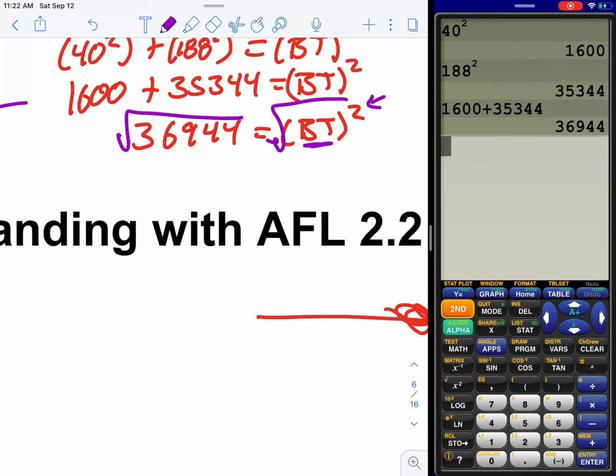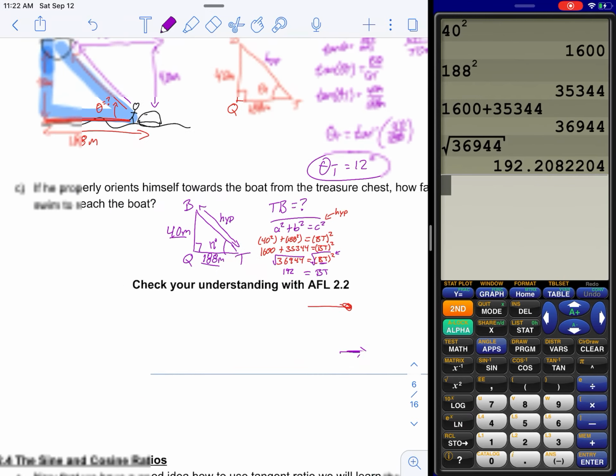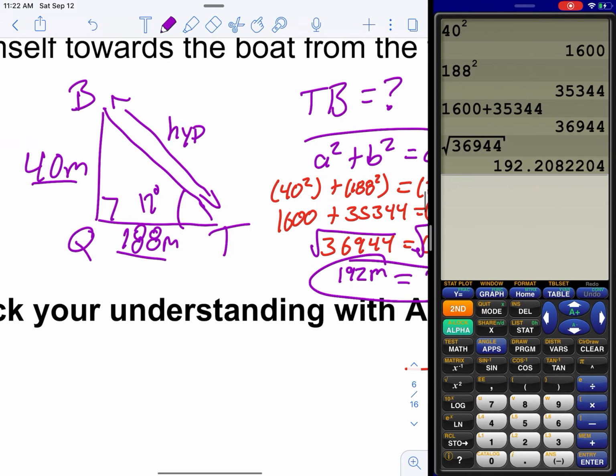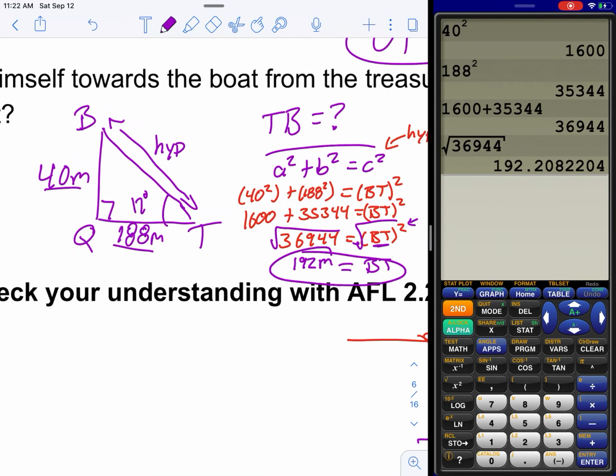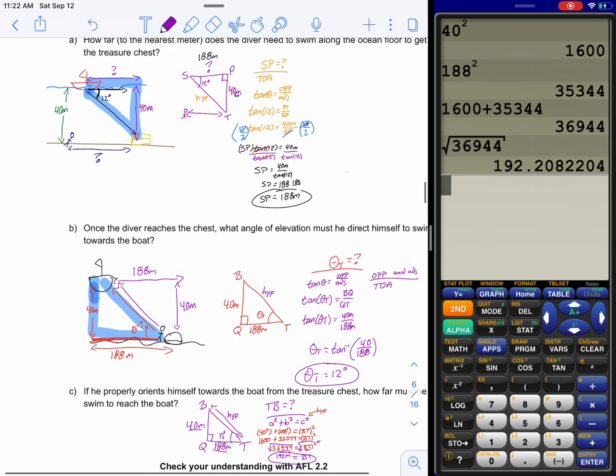We need to get the yellow, so we have to press our yellow button and press x squared, which is giving me the square root, and we can plug in 36,944, and that's going to give me a length for BT of 192, and we're just going to round it to the nearest meter here. Okay, so that would be meters. So if he directs himself properly, he just has to swim 192 meters back to the boat.